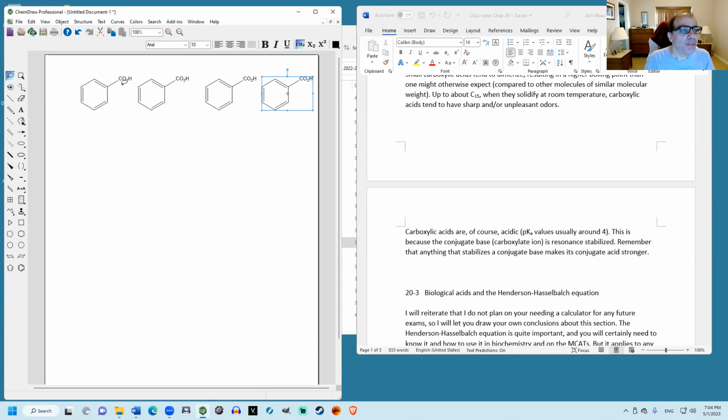And the conjugate base is going to be, of course, CO2 minus on all of them. So you just take away the hydrogen to get the conjugate base. And the question is, what's the effect of putting different groups onto the aromatic carboxylic acid? Which of these then will be the strongest?